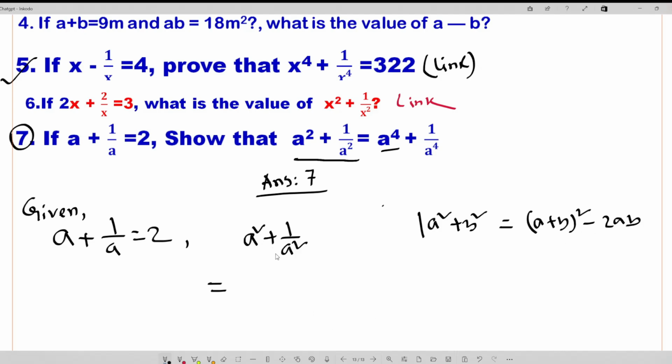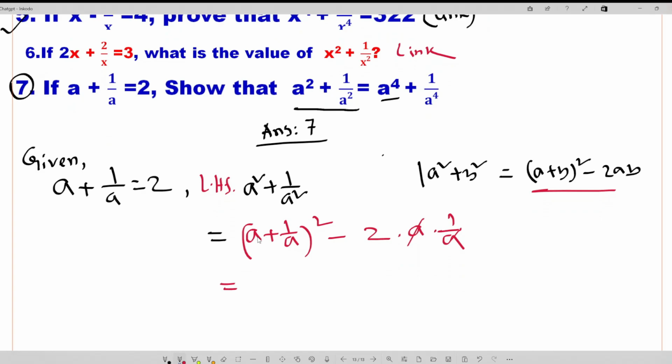So this a square plus 1 by a square, the left hand side, as per this rule, we can write a plus 1 by a whole square minus 2 times ab, where a means a and b means 1 by a. What is the value of a plus 1 by a? It's 2. So 2 square minus 2, so 4 minus 2, the result is 2.